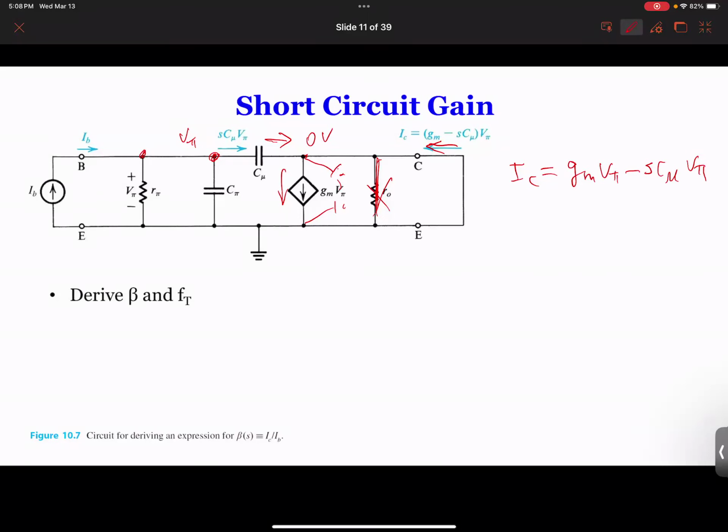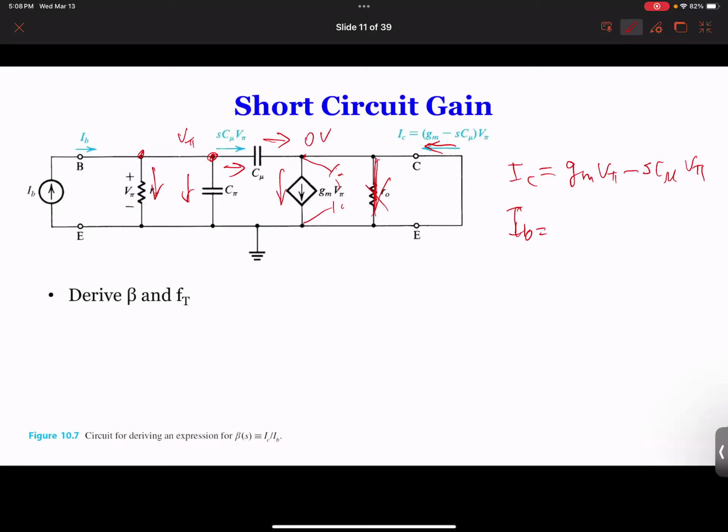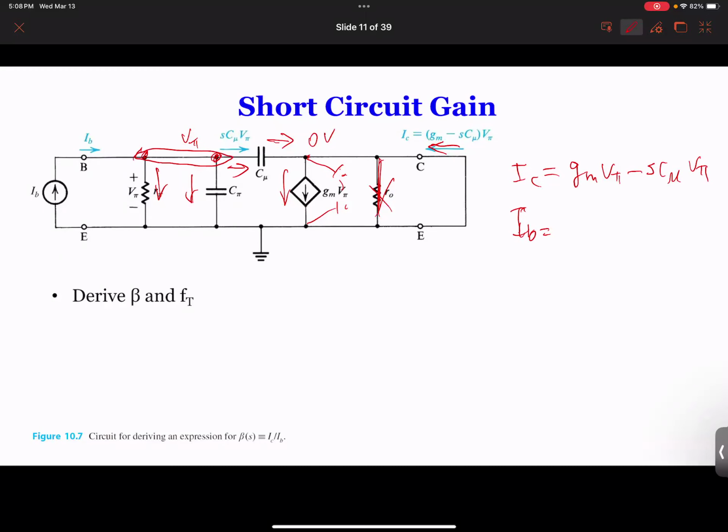On the other hand, we can also write IB, the base current, which is this current plus this current plus this current. There are 3 currents out of this little node. So we can write IB as V pi over R pi, that's one current, plus another current, S C pi times V pi, plus another current, S C mu times V pi.